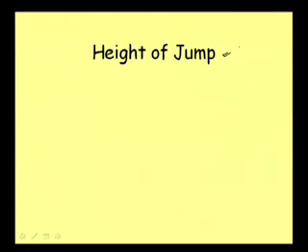Well, with this, now we can move on to another term that is used for hydraulic jump, the height of jump. Well, what do we mean by height of jump?